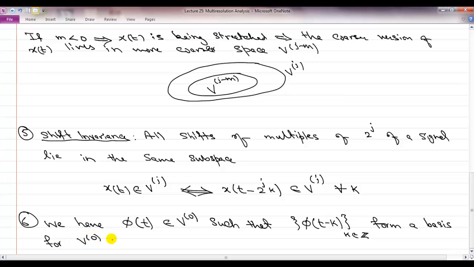Okay. Now these six properties are abstract properties of under what conditions you will call something a multi-resolution analysis in the case of L2(R).